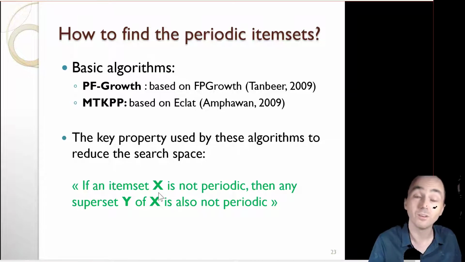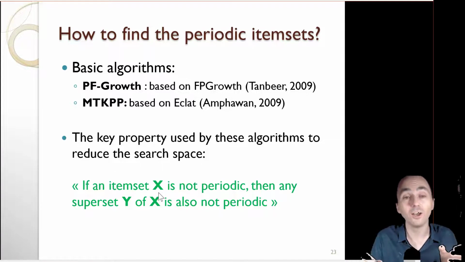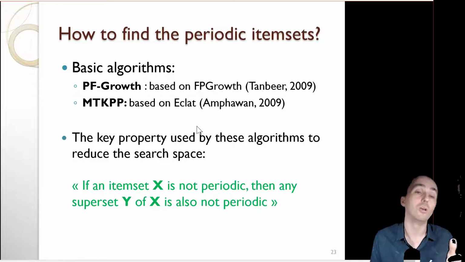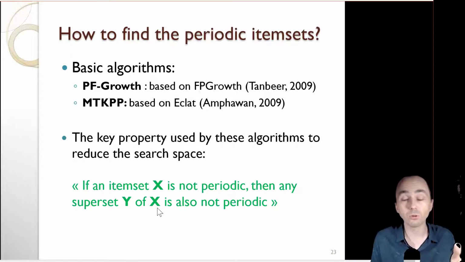This can save a lot of time. So this is the basic idea to find the periodic item sets in the data. It's not very complicated. You just need to change the algorithm for frequent item set mining to calculate the periods and use the property to reduce the search.